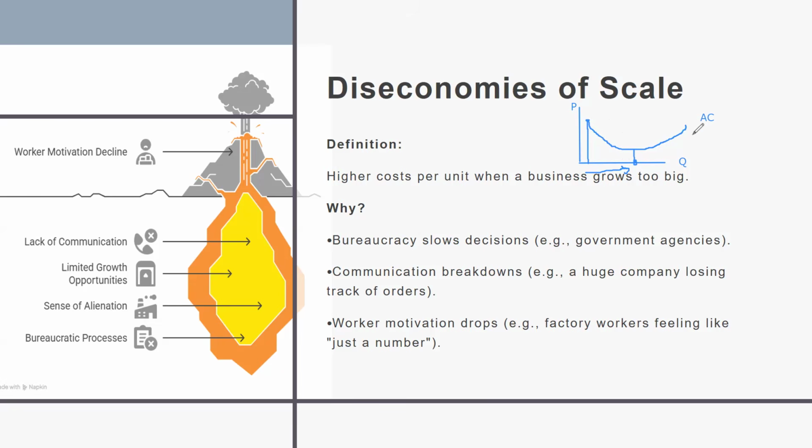And then from this point to this point, where you're still growing, but now your cost is going back up, that is your diseconomies of scale. From too much growth, your costs start to go up.